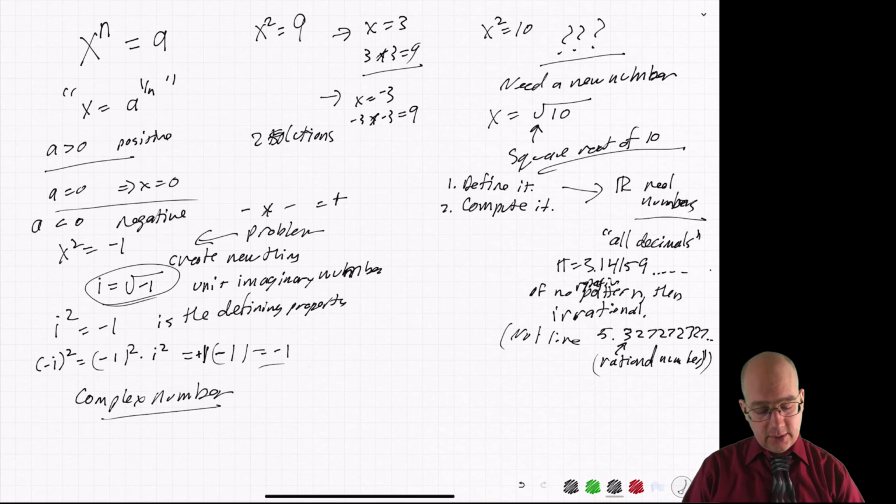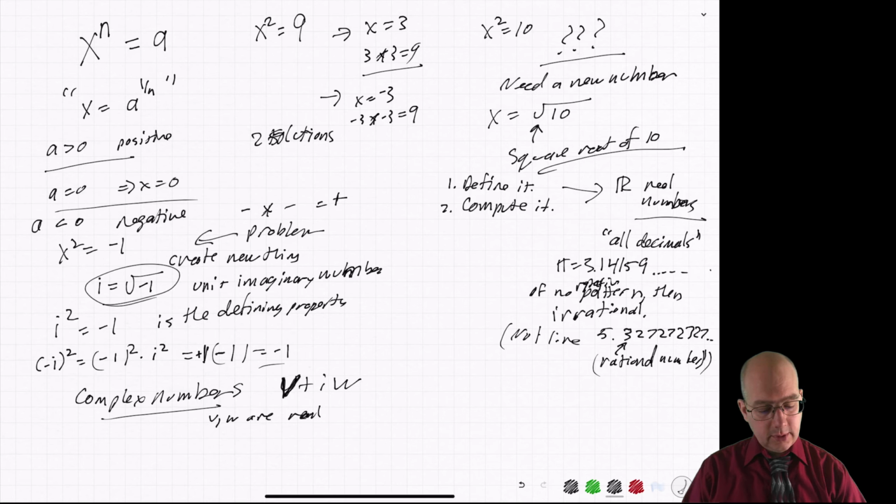This is to contrast it with the complex numbers over here, where this is of the form, let's say, v plus wi, or maybe iw. Yeah, that's a complex number, and v and w are real.